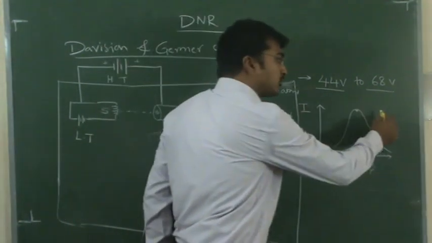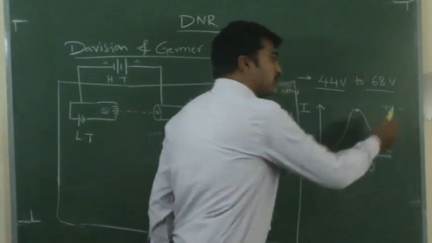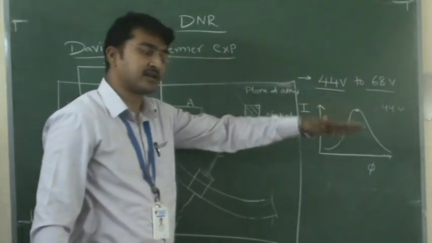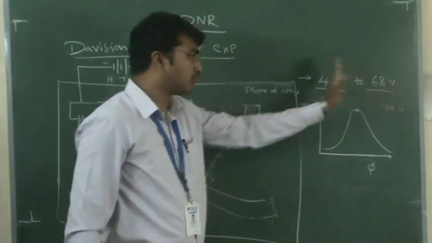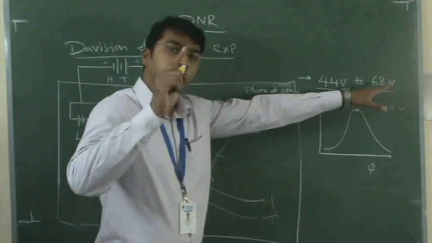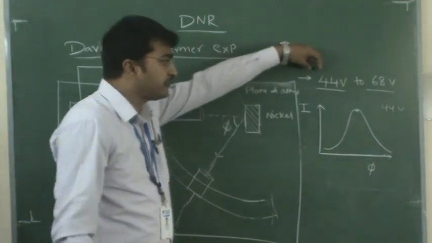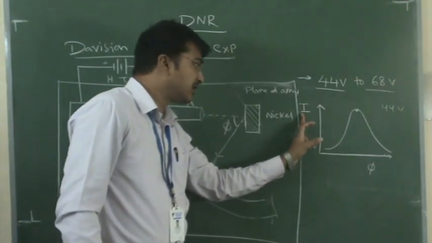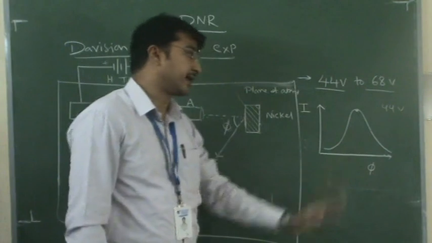This graph we have to draw for every voltage, 44, 45, 46, 47 up to 68, since the operating voltage is between 44 and 68. Intensity versus scattered angle.